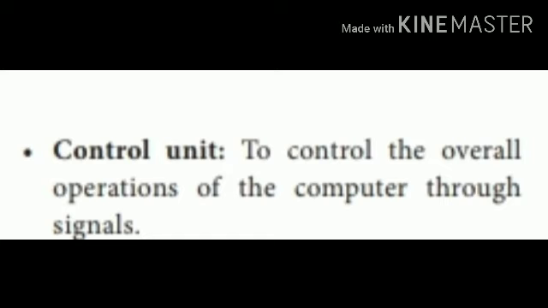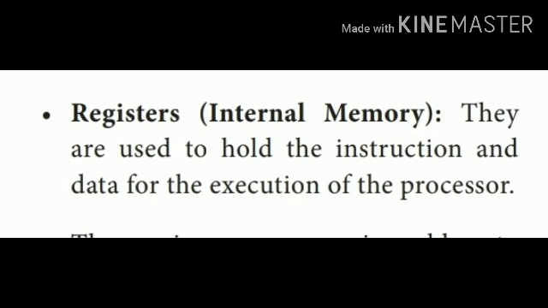Next is the control unit, which controls the overall operations of the computer, that is, it controls the entire operations of a system. Next is the register, which is mainly used to store the instructions. Next are input and output devices, which are mainly used to feed the data and display the information. Memory devices are mainly used to store the information.